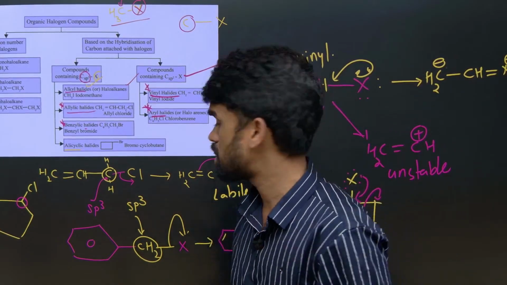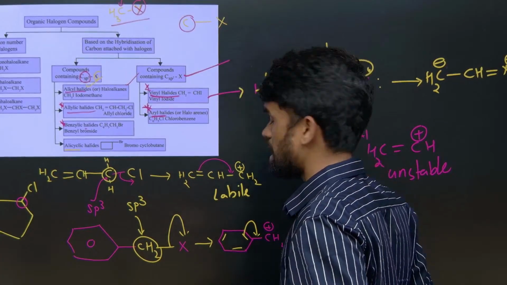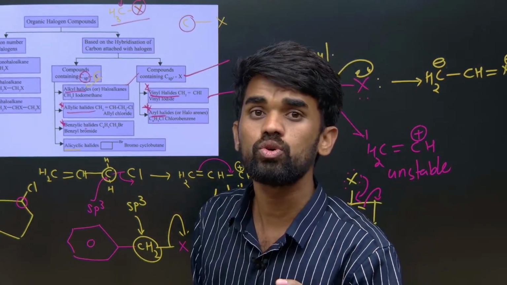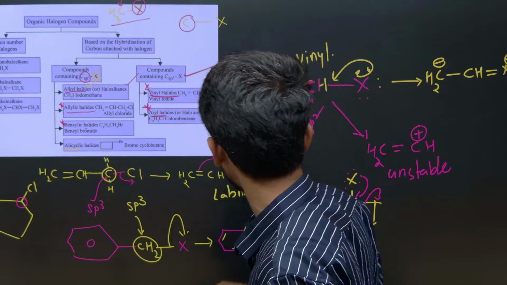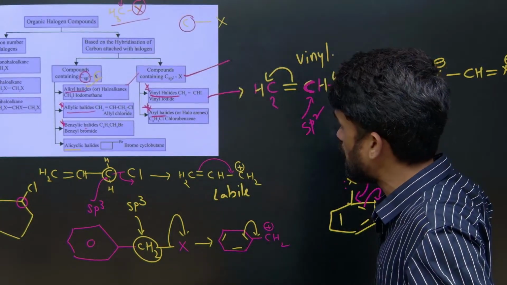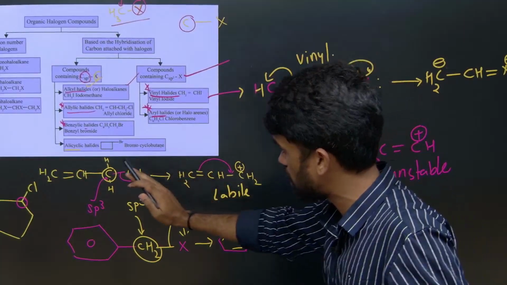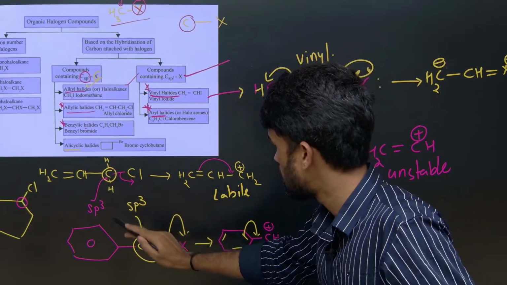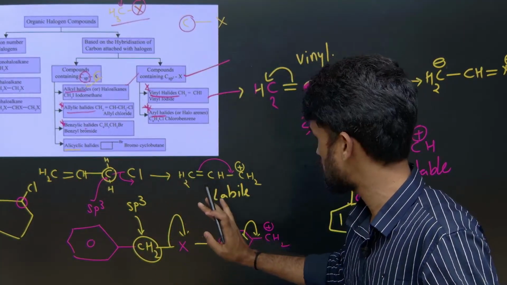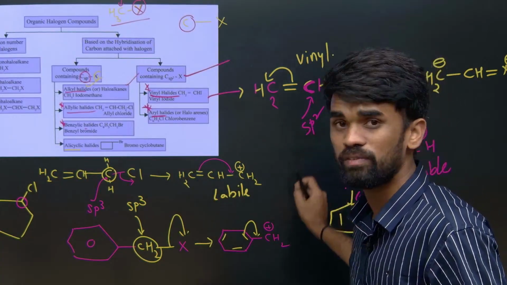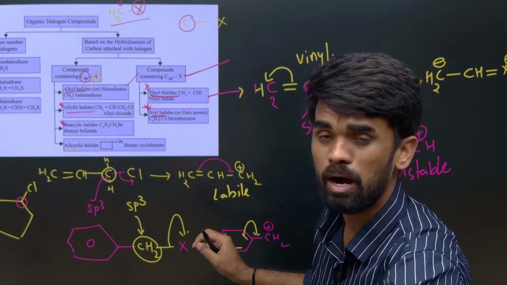That's why we are saying vinyl halides and aryl halides will not show substitution reactions. Nucleophilic substitution reactions will not take place in vinyl and aryl halides. It will be possible in allylic and benzylic halides. I hope it is clear, because these statements are very important to understand the upcoming chemical reactions.